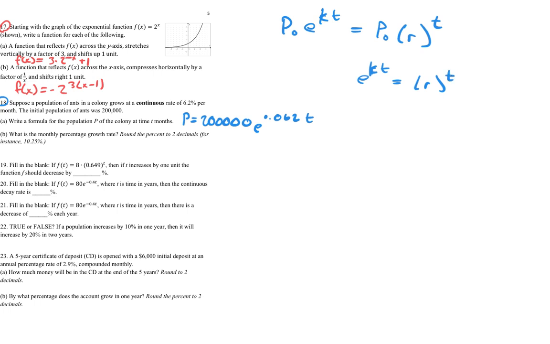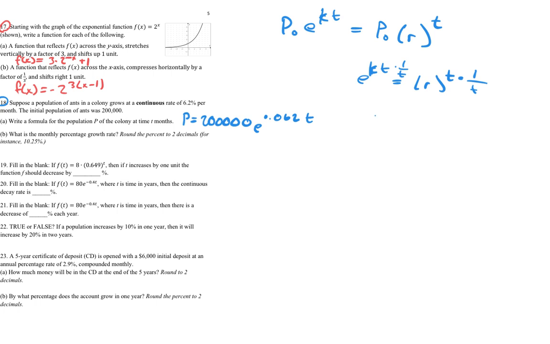So from here, we want to solve for this r. We can just take everything to the root t power. Another way to think about this is taking everything to the exponent of 1/t.